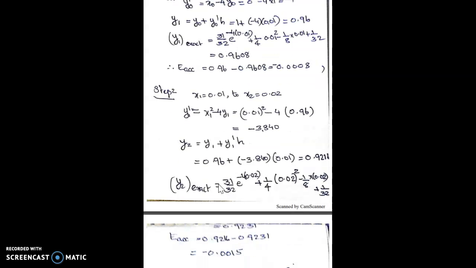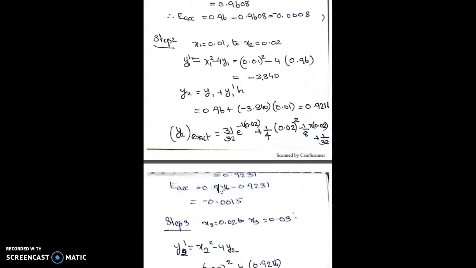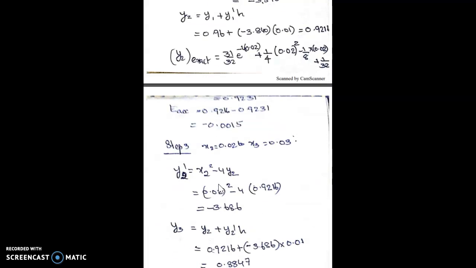And the y_2 exact value is given by substituting in the given function: 31/32 e^(-4 into 0.02) + 1/4 into 0.02^2 - 1/8 into 0.02 + 1/32. It simplifies to 0.9231. And the accumulated error is 0.9216 - 0.9231 = -0.0015.